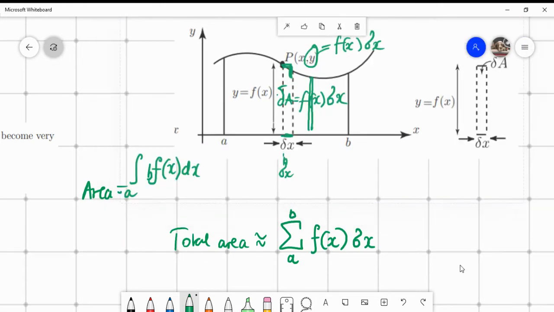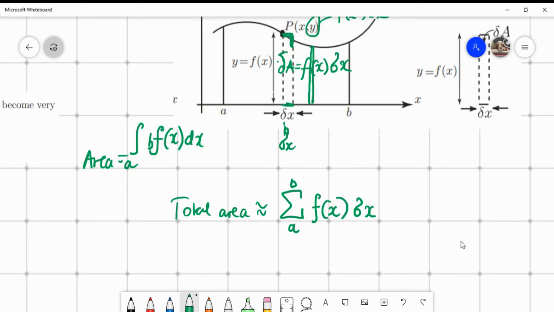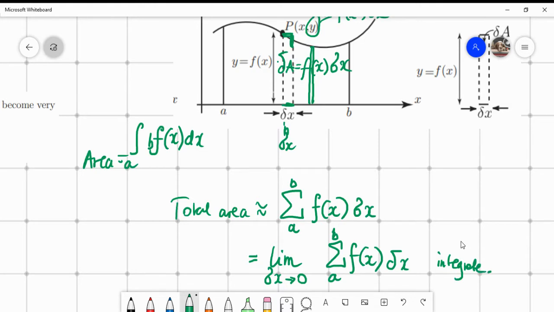You can write it mathematically as the limit of this sum as delta x tends to 0. That's where this notation comes from. You don't necessarily need to know all that proof. You just need to understand that this here means integrate. This means find the area under the curve.